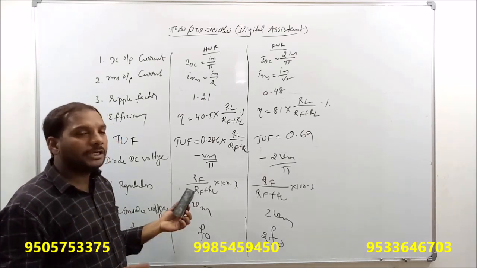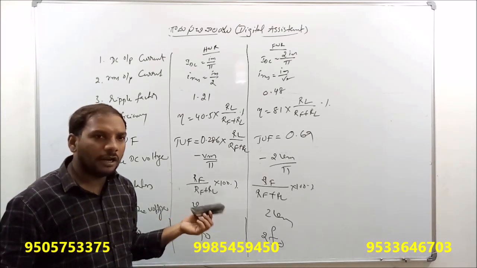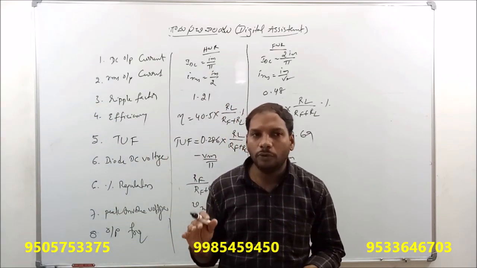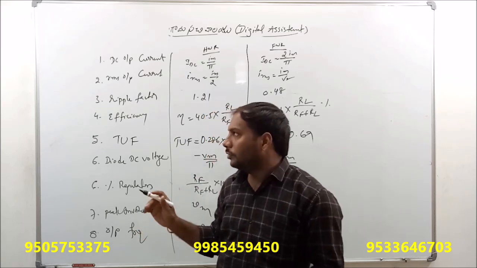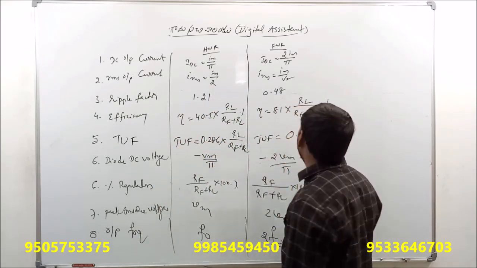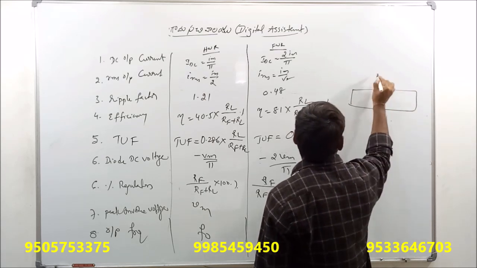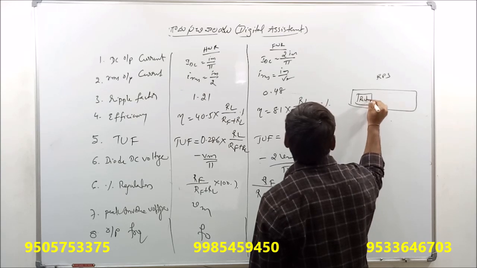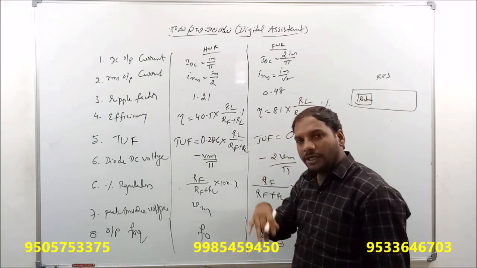So the basic idea of these rectifiers is generally to convert the AC signal into a pure DC signal. That's why these rectifiers are the first stage of the regulated power supply. In the RPS, the first stage is the rectifier: half wave rectifier, full wave rectifier, and you have the bridge rectifier also.